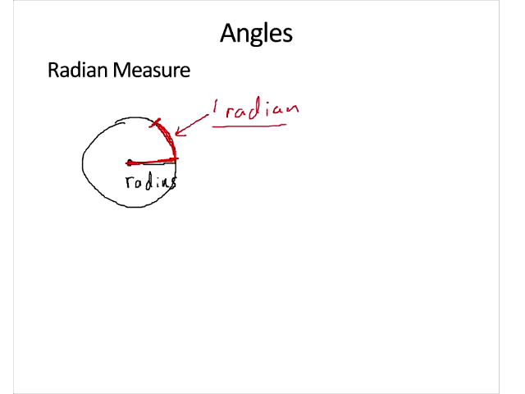If you do this over the entire circle, what you'll find is there are 2 pi radians in one circle. So 2 pi radians equals 360 degrees.